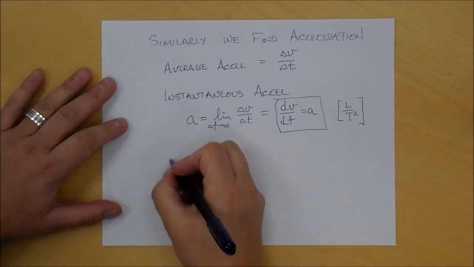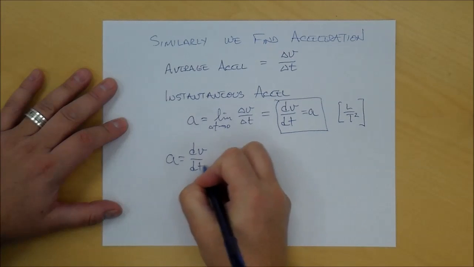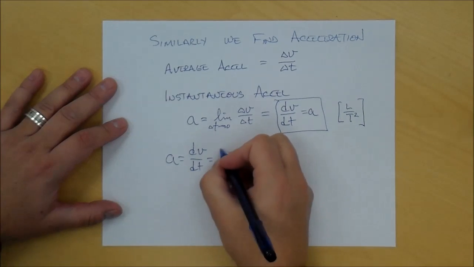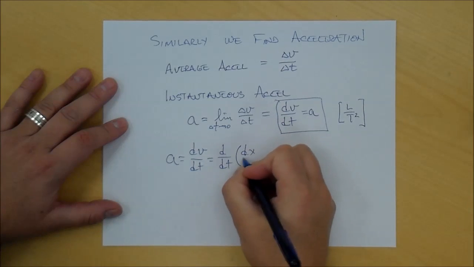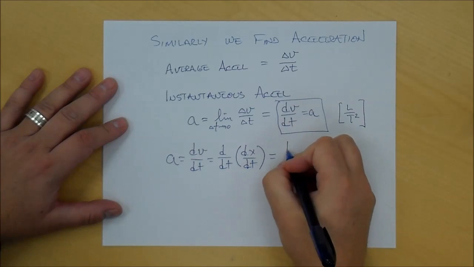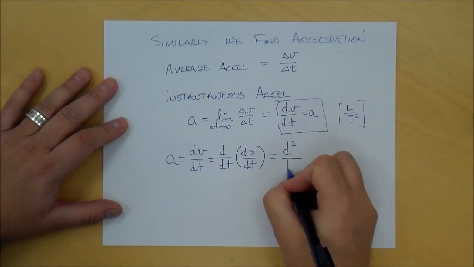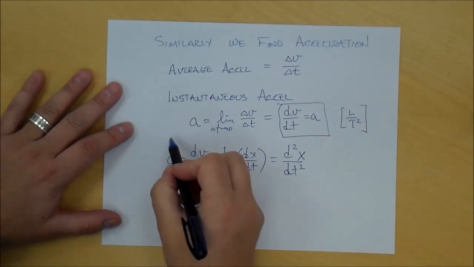Now, it's important to point out that the acceleration, again, is equal to dv dt, all right? But this is equal to the derivative d dt of the velocity, and the velocity is dx dt, all right? So the acceleration is equal to the second derivative of x with respect to time squared.